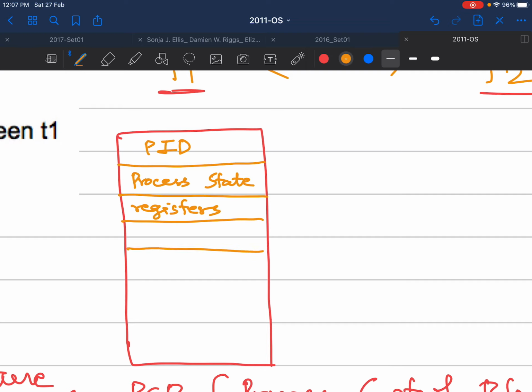Then it also has a list of open files, whether it was modifying a file, deleting a file, writing to a file, or reading from a file, all that data goes here. So the point I'm trying to make is, this PCB is a huge structure and it contains a lot of data.